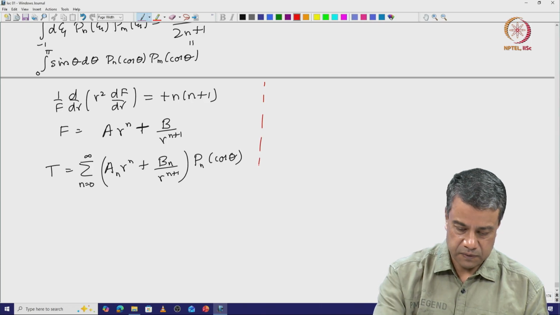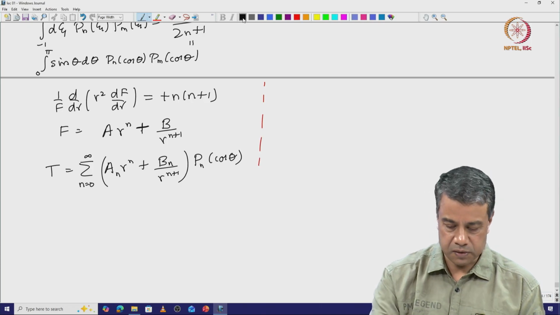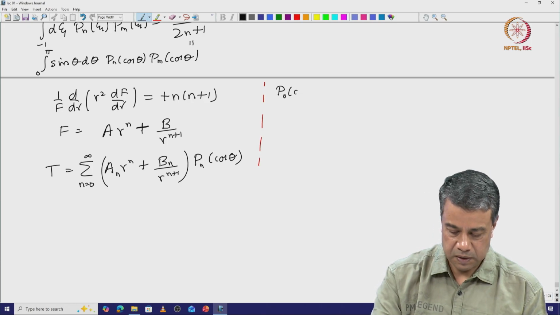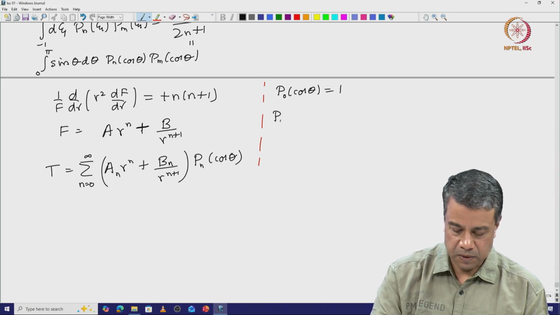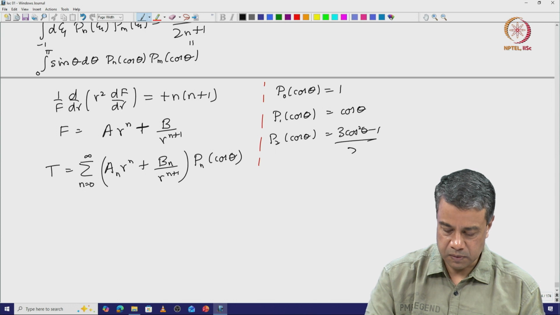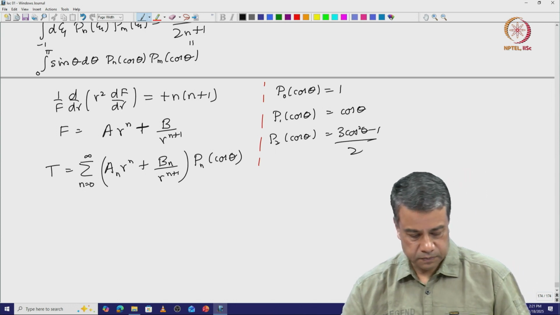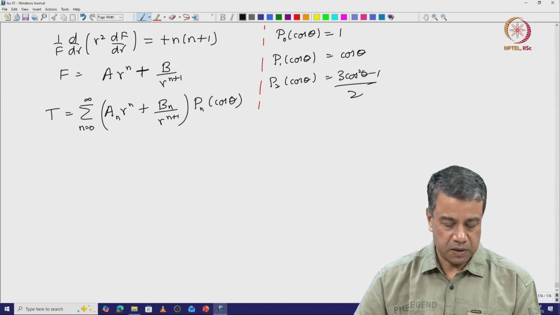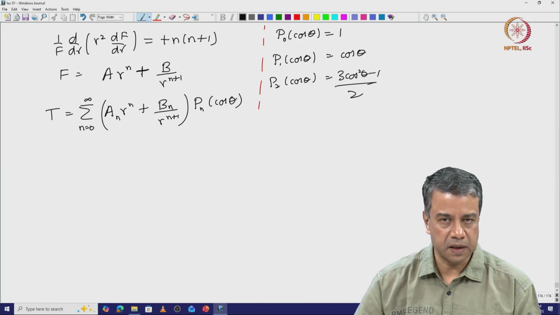For example, I also gave you the first few Legendre polynomials. P0 is one, P1 of cos theta is equal to cos theta, P2 of cos theta is equal to 3 cos square theta minus 1 by 2. Now the coefficients a n and b n have to be determined from the boundary conditions.